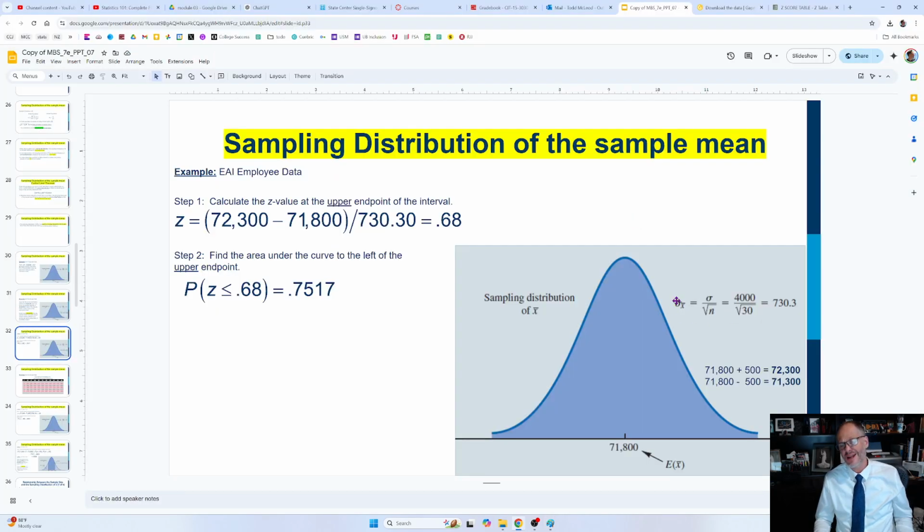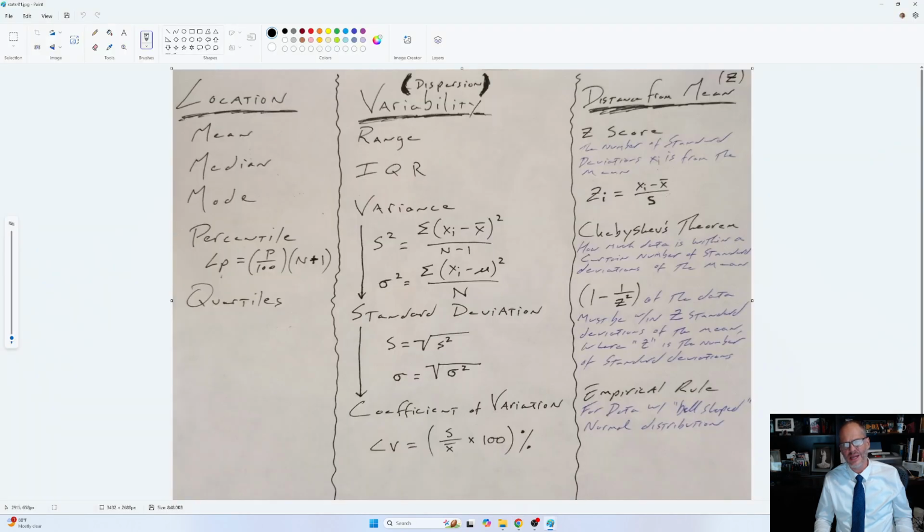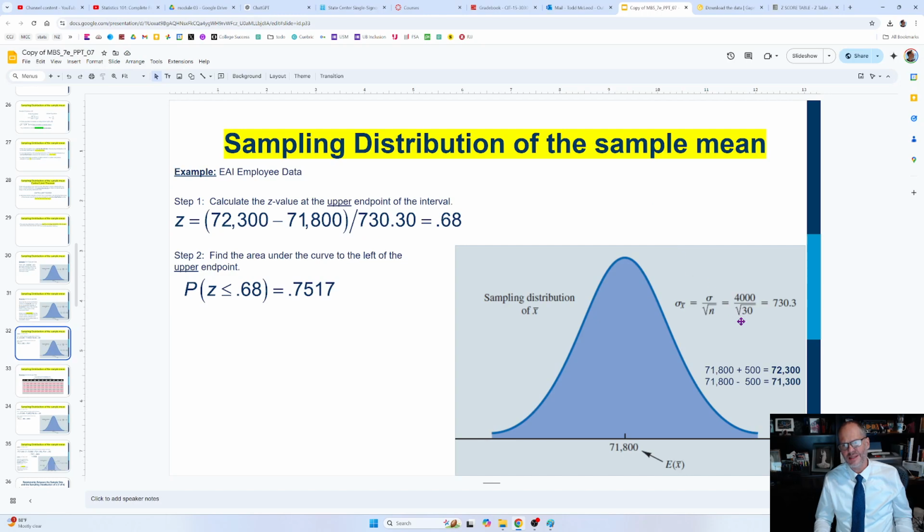And so we get our standard error, which is the standard deviation of the sample mean. With that, we can start to do our z calculations, because z requires us to take a data point, subtract the mean, and then divide by the standard deviation. In this case, the standard deviation we're using is the standard deviation of the sample mean, which is the standard error.